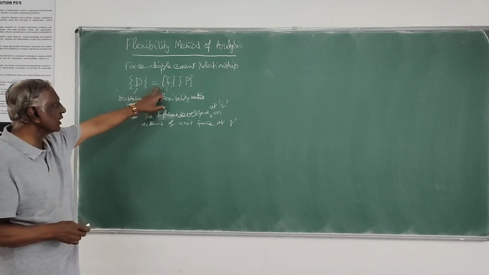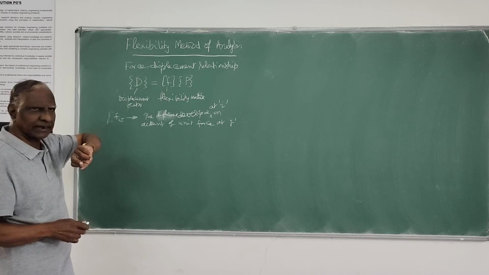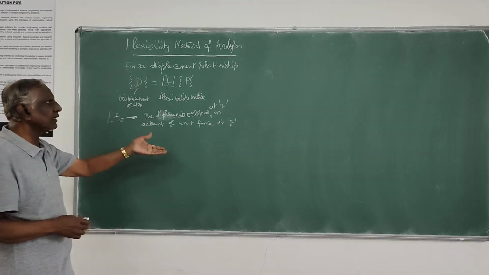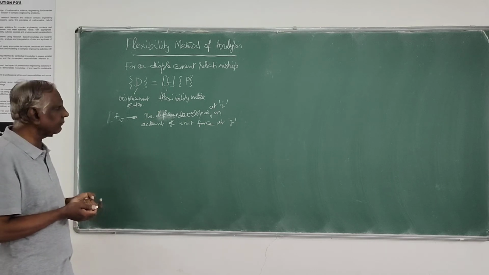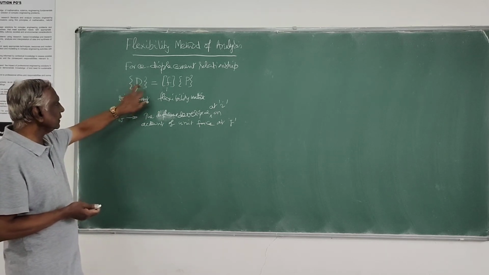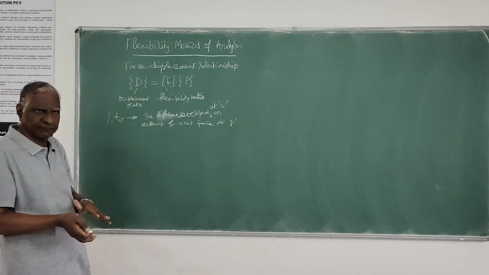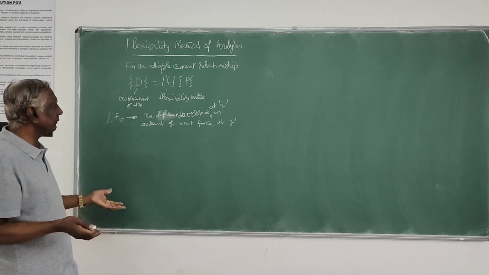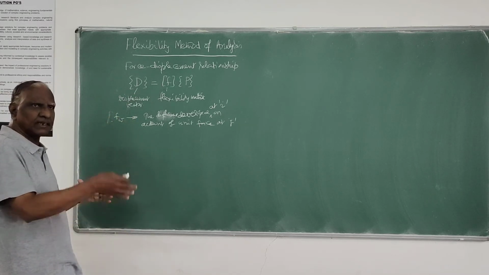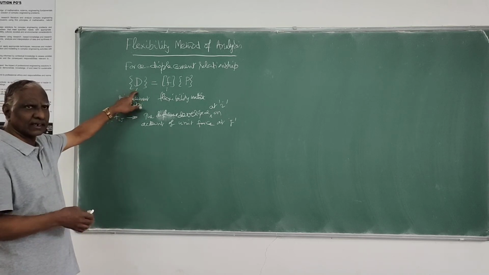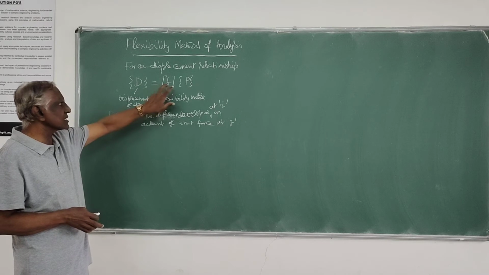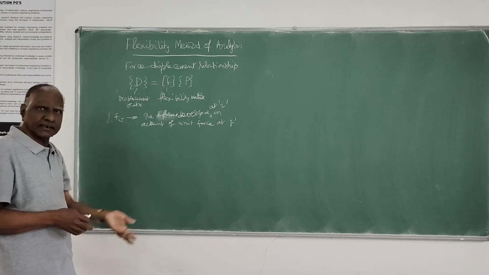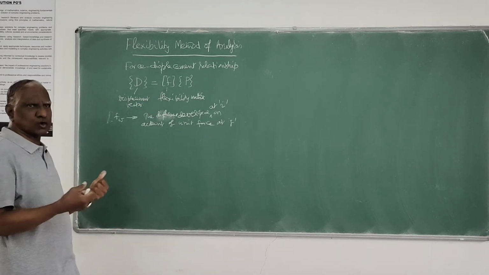So first you have to develop the flexibility matrix, and after determining the degree of static indeterminacy, you have to make the structure determinate. Then some inconsistency in deformation will occur at some points, because while making the structure determinate, you will remove some forces.